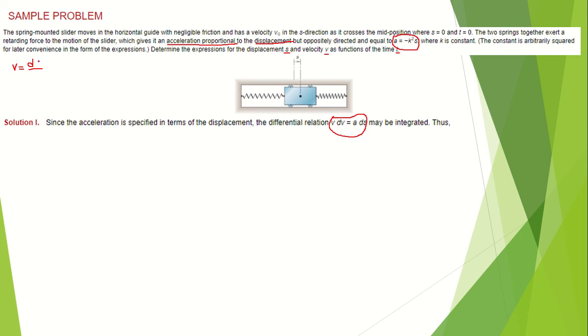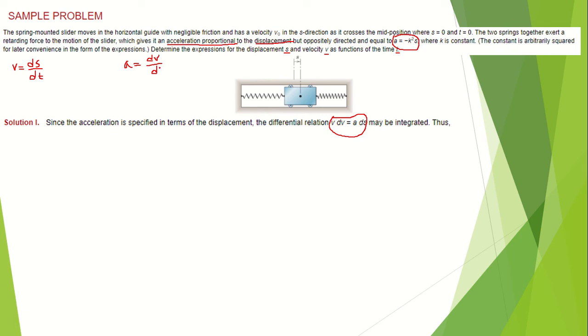And we know that acceleration is just the derivative of the velocity, so acceleration is equal to dv over dt, the derivative of the velocity with respect to time.